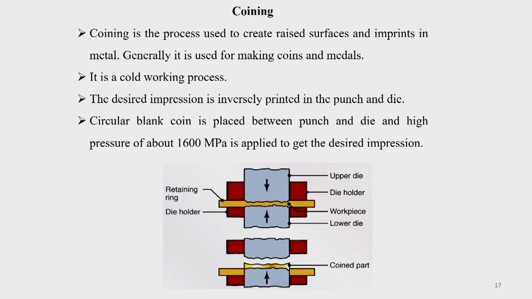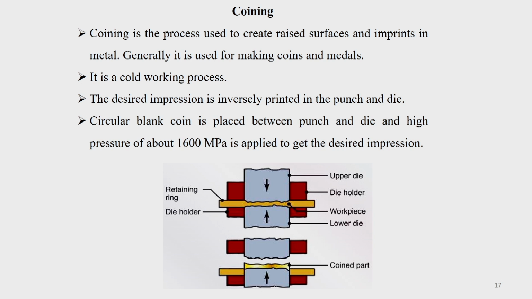So, what you do is the workpiece is kept here, and then between an upper die and a lower die, you just press it. Depending upon the shape and the features you want on the coin, the reverse impression will be there on your die and punch.